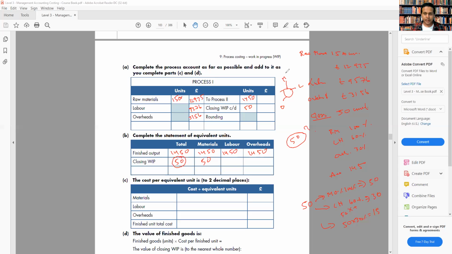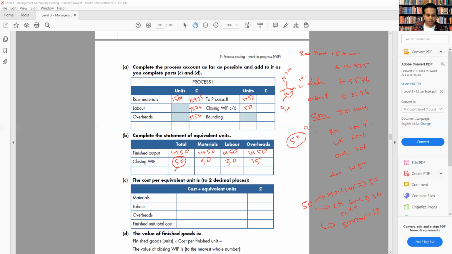We need to complete everything 100% so that we can say it is a complete product. If something is missing, we have to see what percentage is missing, and we have to value based on the proportion. So material is 100% completed, so 50 full units. The labor is 60%, that is 30, and the overhead is 30% complete, that is 15.